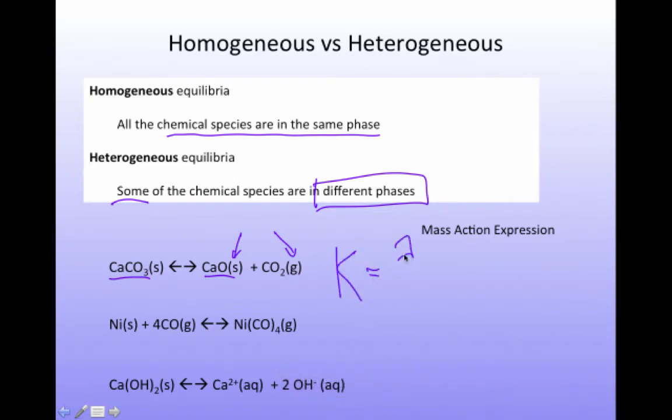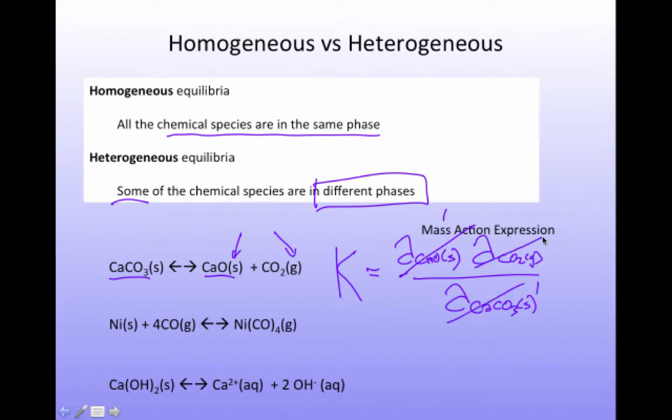It's the activity of calcium oxide solid times the activity of CO2 gas divided by the activity of calcium carbonate solid. So those have different definitions because some are solids and some are gases. And in fact, this is just one, and this is just one, and this is just the partial pressure of CO2. And so in the end, K just comes out to be the partial pressure of CO2. That's all that's left because the solids and liquids go away.